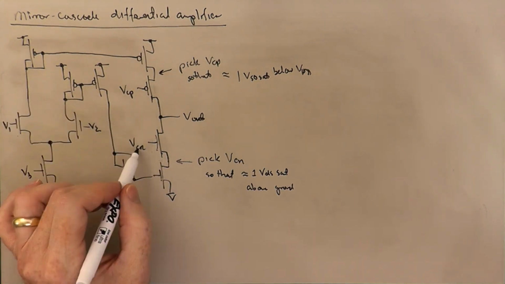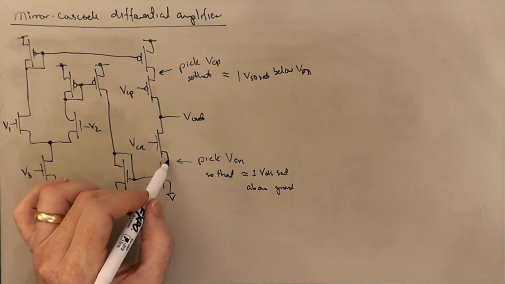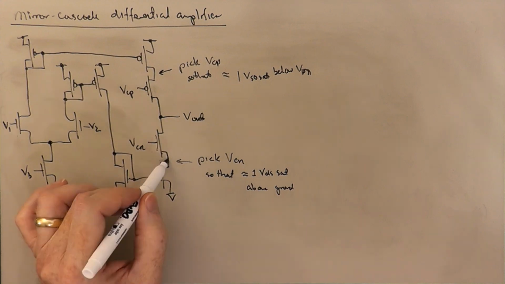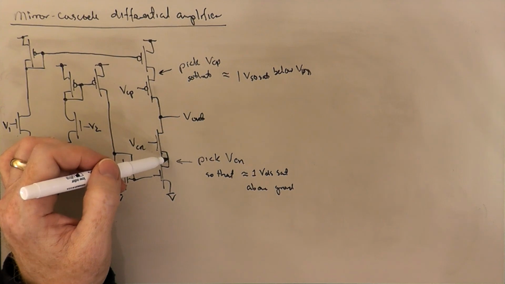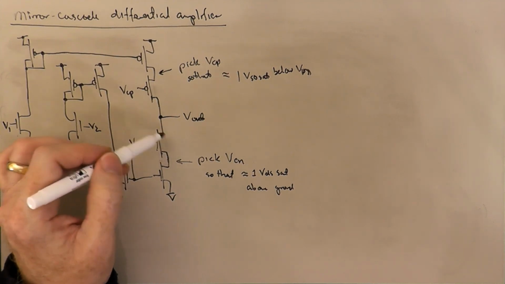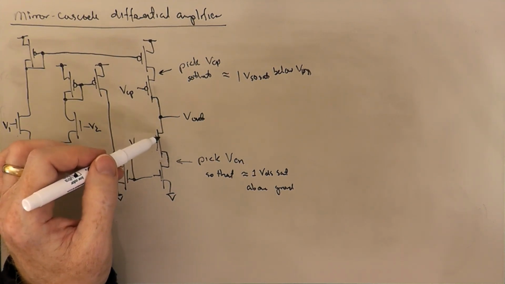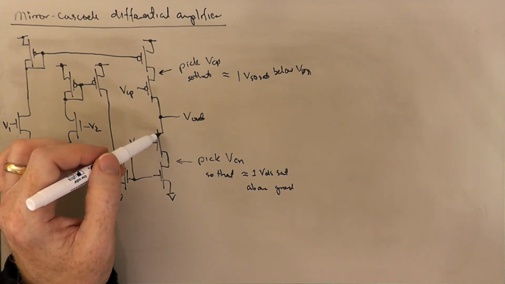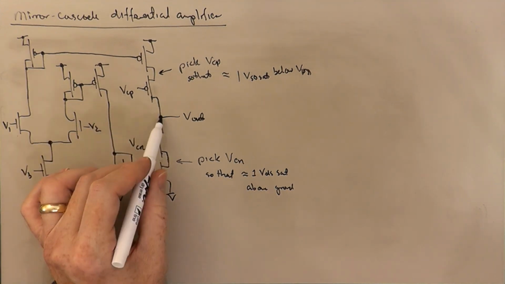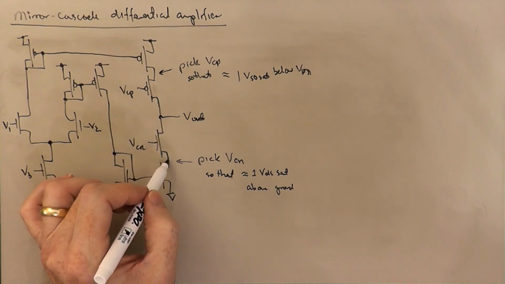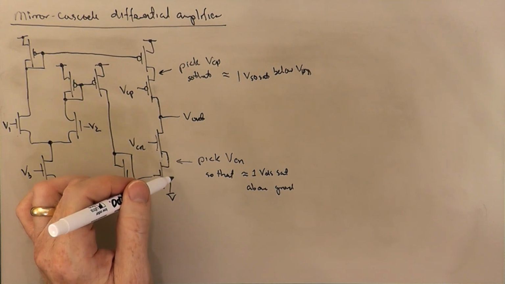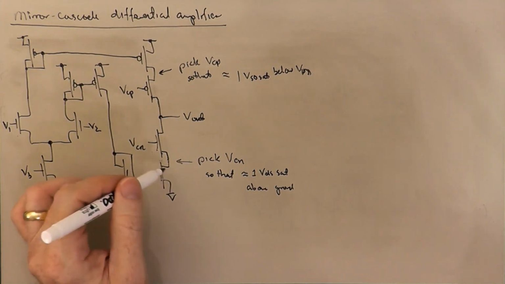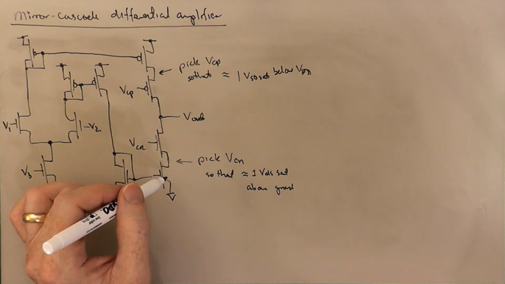If we have, let's say, VCN set too high so that this voltage here is substantially above 1 saturation voltage above ground, then as soon as Vout gets within a saturation voltage of wherever that is, the cascode transistor starts falling out of saturation, and it's in its ohmic region. And then as we move Vout down further, this node is going to go with it, and we're going to be moving along the drain characteristic of this transistor, and we're just going to have the ordinary RO of this transistor, and the cascode might as well not even be there.